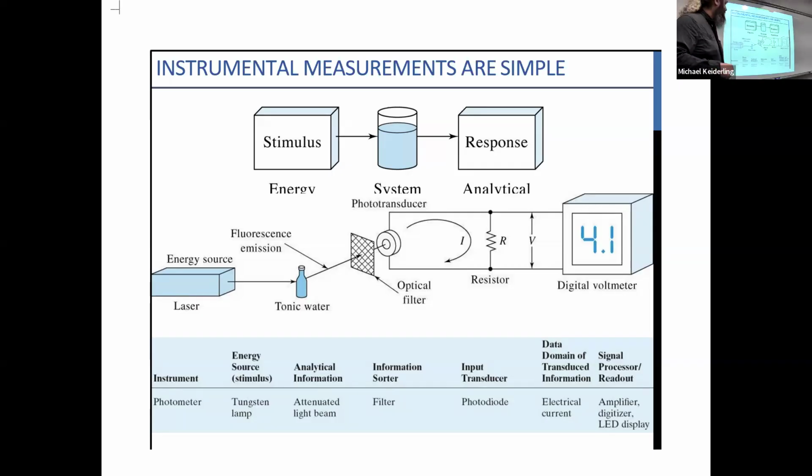The way you sort is you have some filter for specific wavelengths, and you detect with a photodiode, and the data domain of transduced information comes out as electrical current. Then you process it by amplifying it, digitizing it, and say putting it out on an LED display, or more commonly these days, feeding it into a computer and recording it.